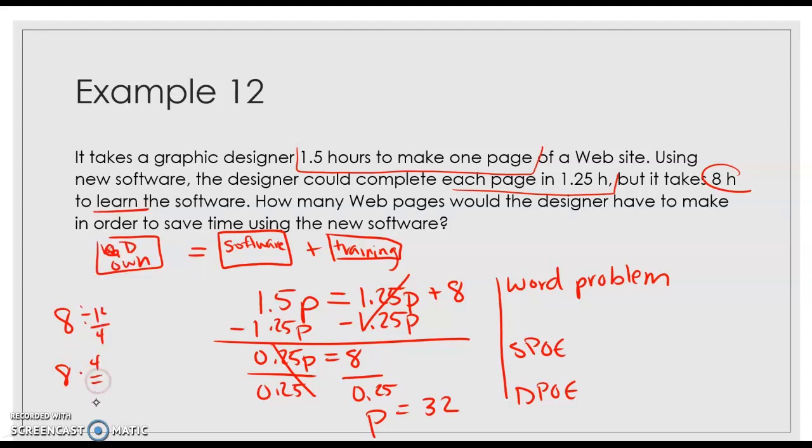And so then that's just 8 times 4, which is 32. So it will take 32 pages, and after 32 pages, then she starts saving time on making web pages.